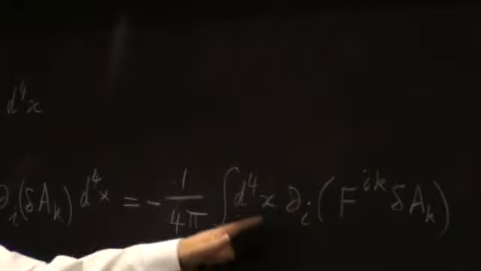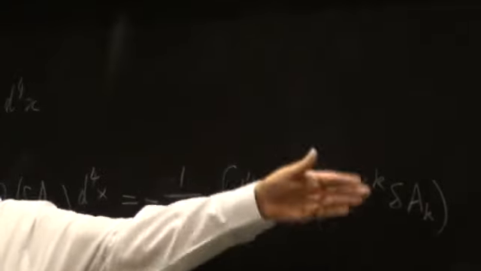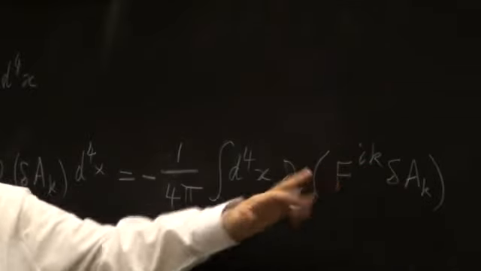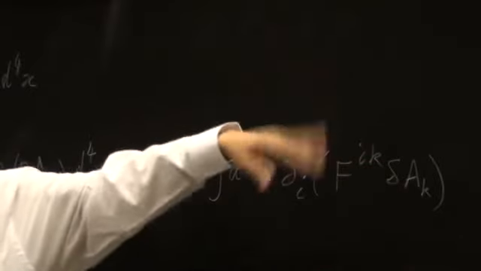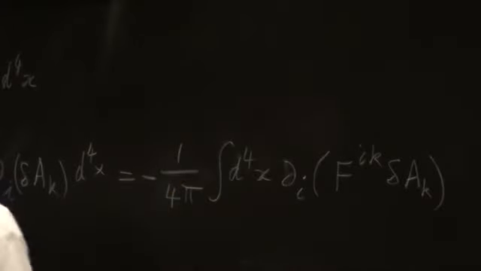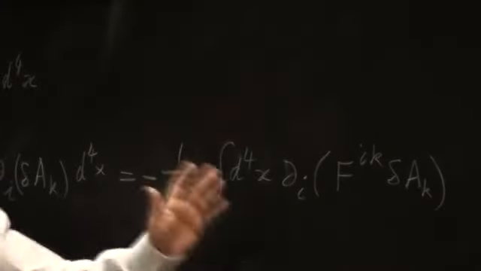Then of course you have a term d_i F^ik delta A_k, which is the Euler-Lagrange term, and that term on shell goes away. I'm only interested in picking out the canonical momenta, so that term I'm not even writing, which is the term you will write in normal textbooks. You would throw away the total divergence term and retain that term, but I want to retain this term.